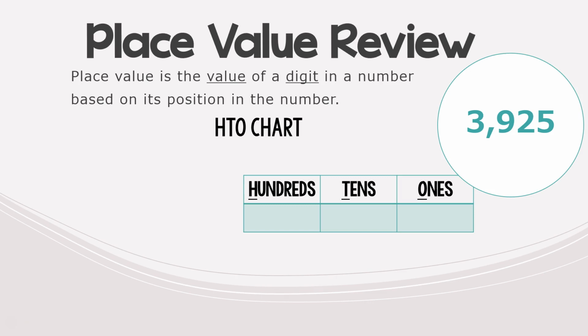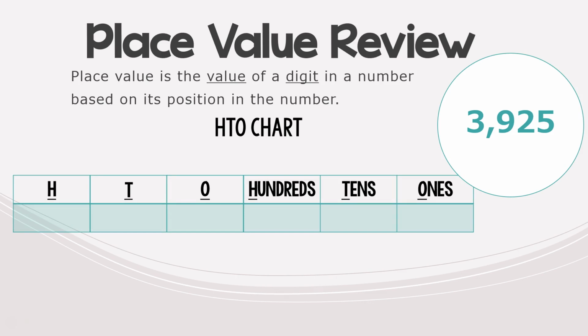When we get into four-digit numbers and higher, we have to add new periods, which is new groups of three on our HTO chart. The hundreds, tens, and ones pattern repeats itself, but the numbers grow larger. So we're going to add the thousands period. We're going to add another ones place, tens place, and hundreds place, but it's actually not just ones, tens, and hundreds.